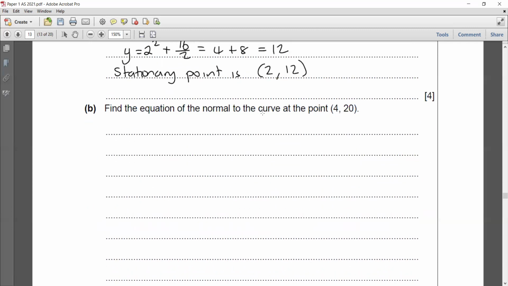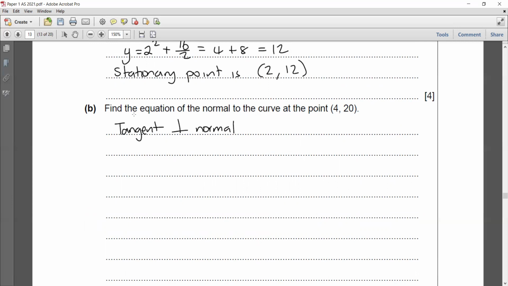Right, then find the equation of the normal to the curve at the point 4, 20 rather. Okay, so what we know is that the tangent is perpendicular to the normal.